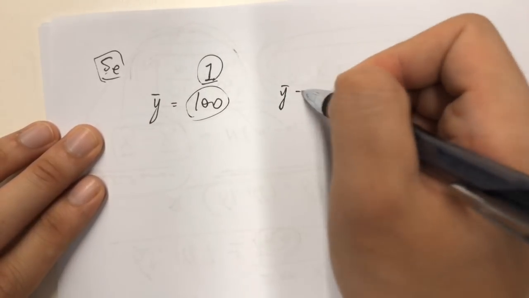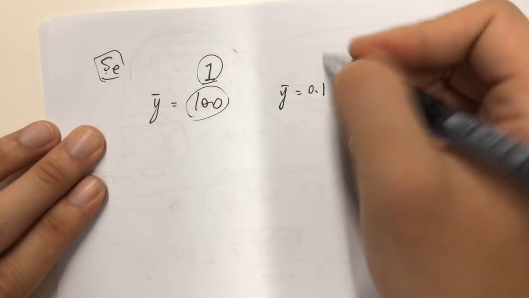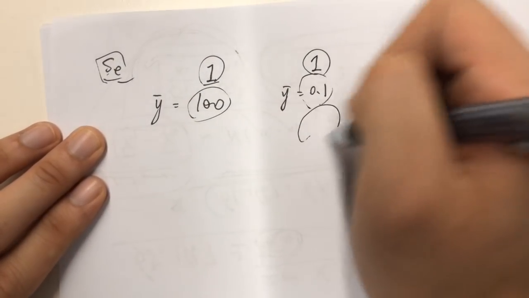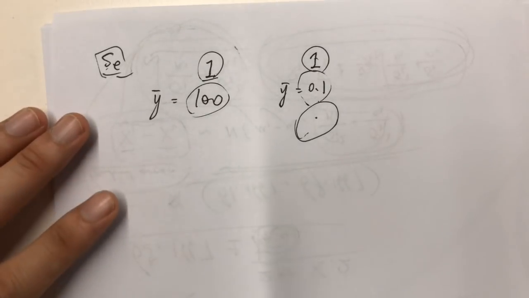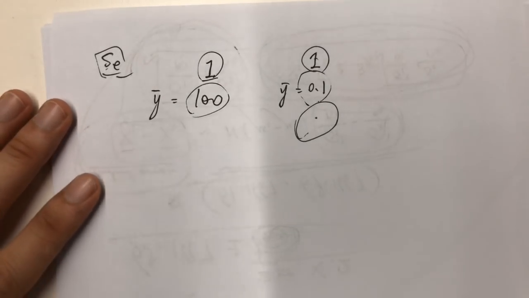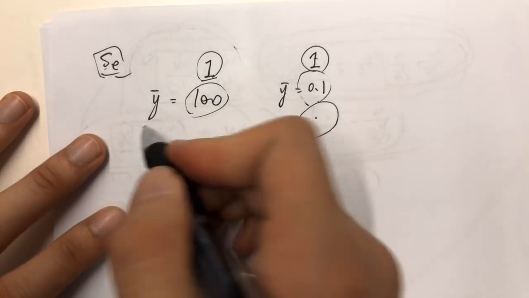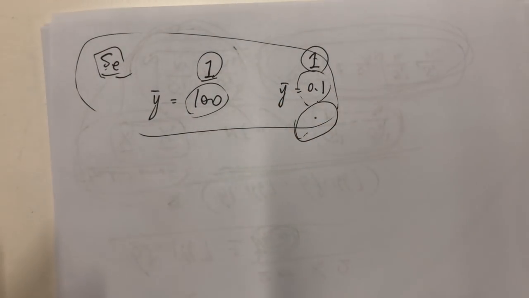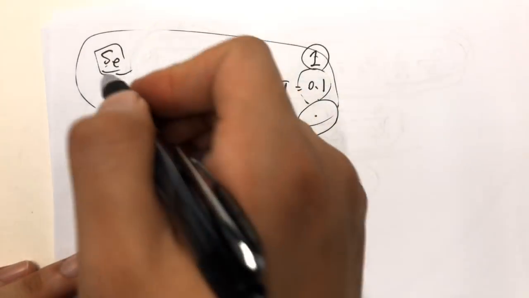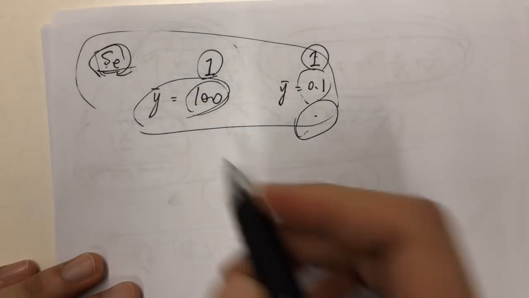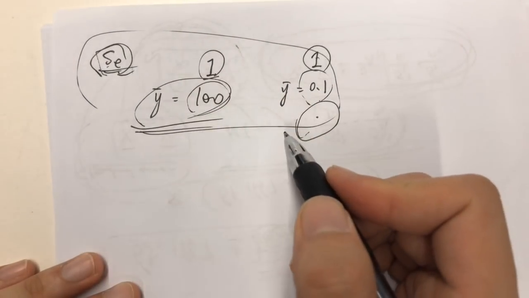But if y bar is equal to 0.1, and we have a standard error of 1, then this will make a significant difference in our prediction, right? So it's not a formula, it's from my experience. If I have a standard error, I would generally compare it with the magnitude of the data, okay?